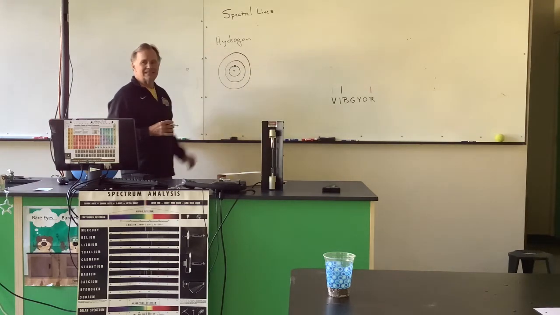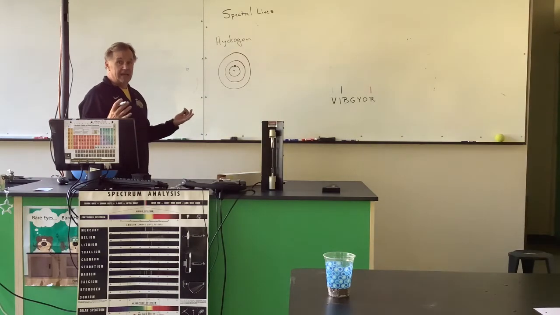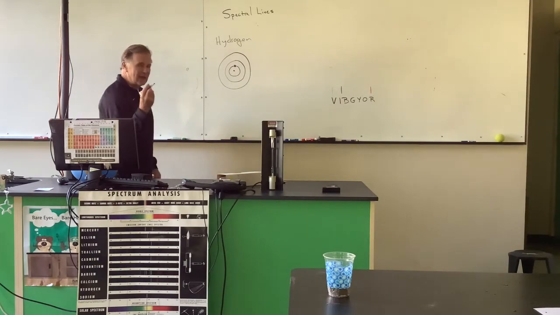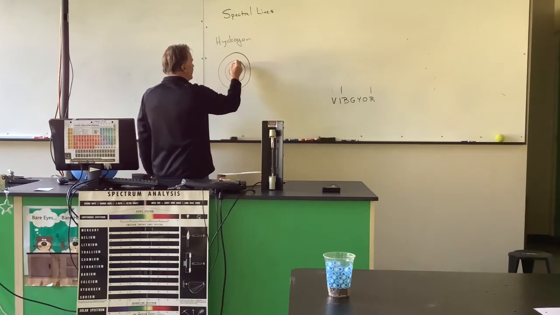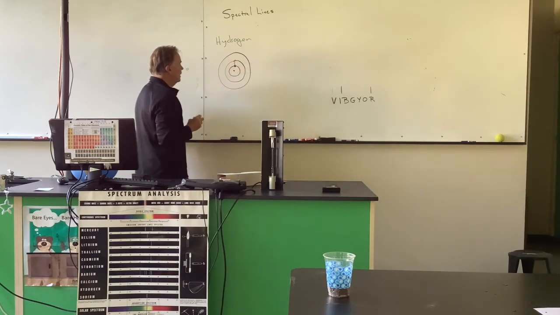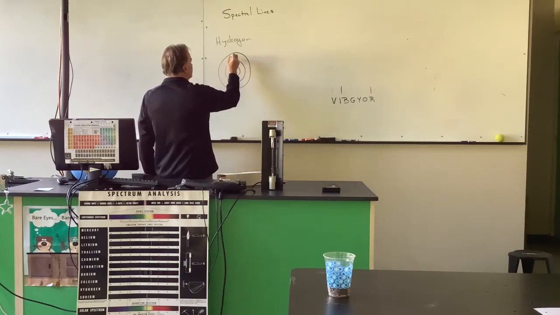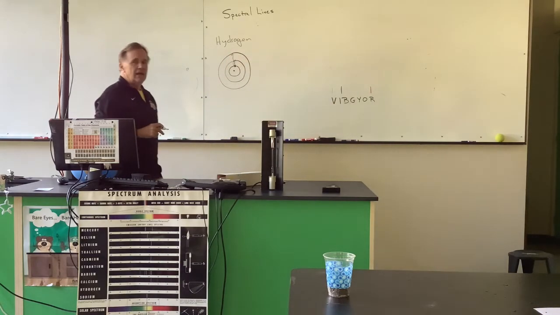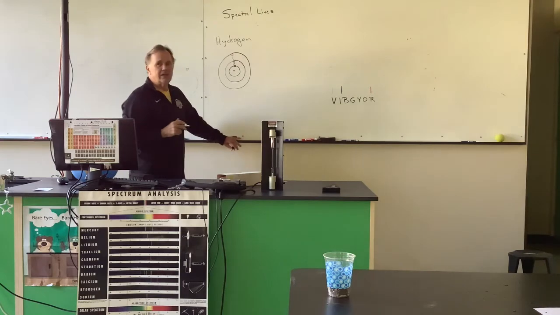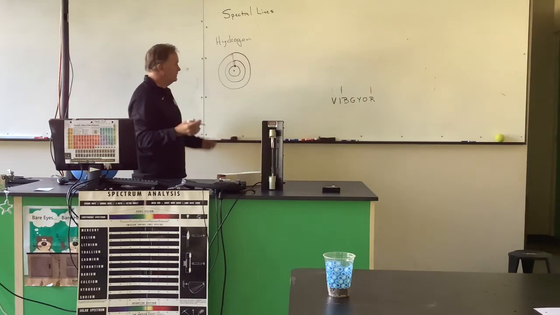When hydrogen, or any gas, gets excited, it's the electrons that get really juiced up, and when they do that, they jump up. These are called orbitals, or energy levels. They can jump up one level, or they can jump up a couple of levels. They absorb that energy. And you already know the law of conservation of energy: you can't make it or destroy it, you just change forms.